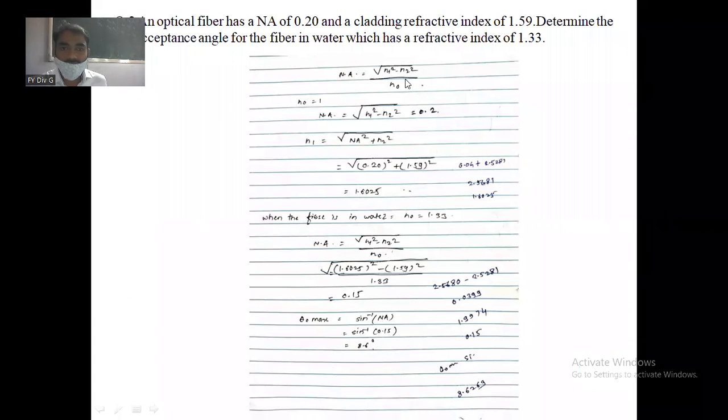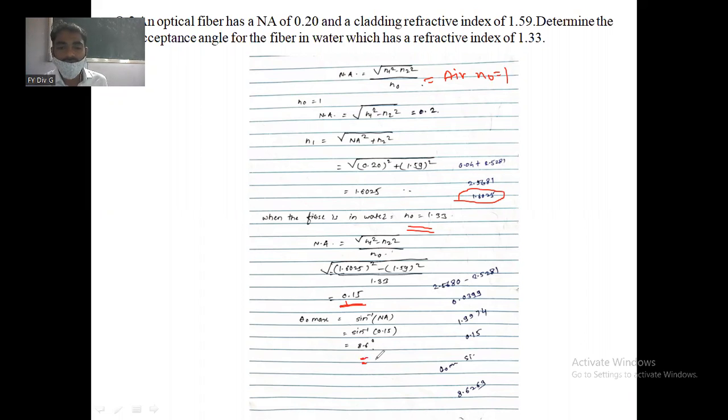Okay, see here. This is the condition when your optical fiber is in the air medium. So in that case, N0 is equal to 1. Okay, when the fiber is in the water, in that case, the refractive index of the water medium is 1.33. So the NA is equal to 0.15. And the acceptance angle theta 0 is equal to sin inverse of NA, that is the numerical aperture.